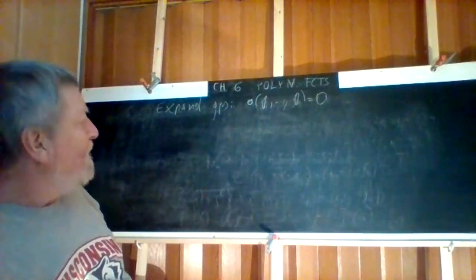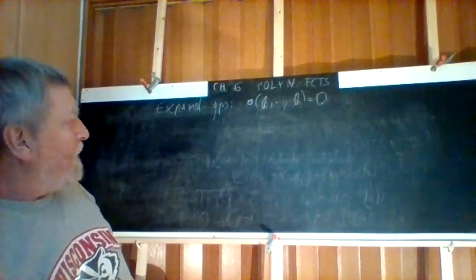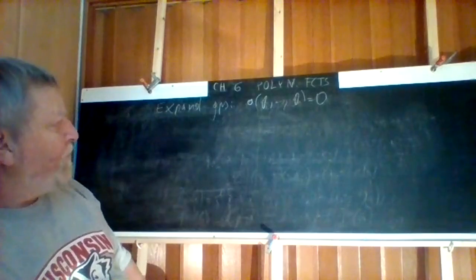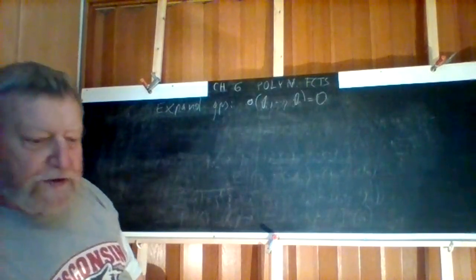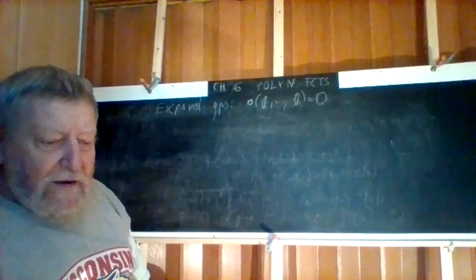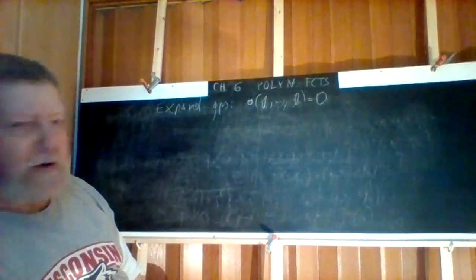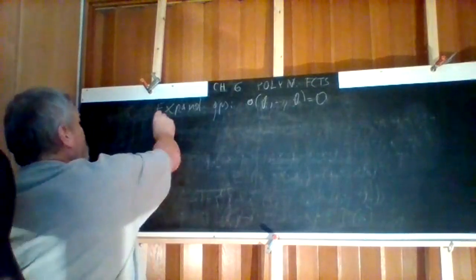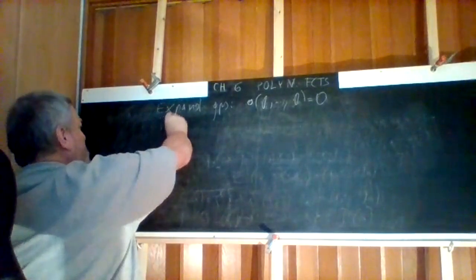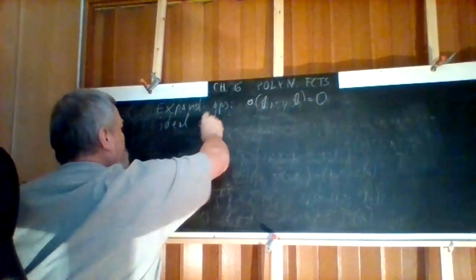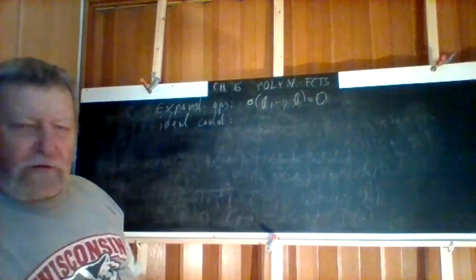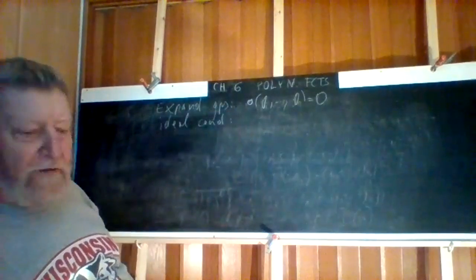And I have to tell you what we need for expanded groups when we consider ideals, because we can do this. And the ideal condition would be that we get, of course, a normal subgroup of the additive group.